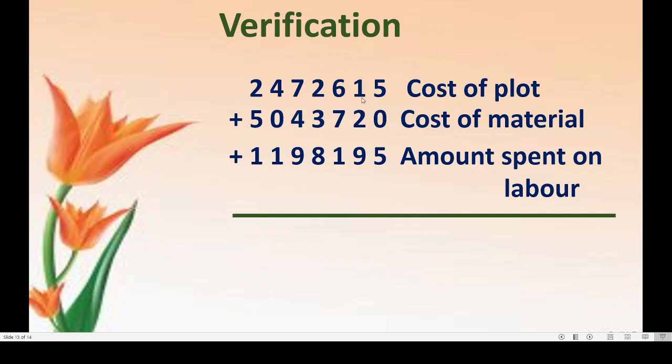We have to add all the three numbers, that is cost of plot, cost of material and amount spent on labor. Okay, if we get the total amount here, that is 87 lakhs, then our answer is perfect. Okay, we will move to solve this.